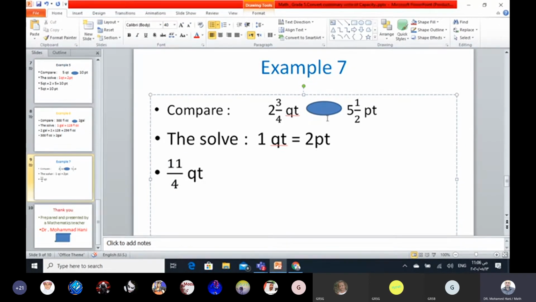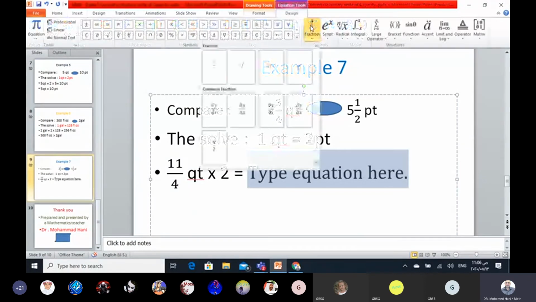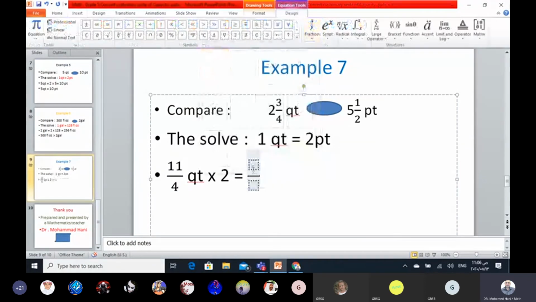When you want to change from quart to pint, the relationship here is 1 QT equals 2 PT. So from big unit to the small unit, multiply. So multiply by 2. Now 2 times 11 equals 22 over 4.